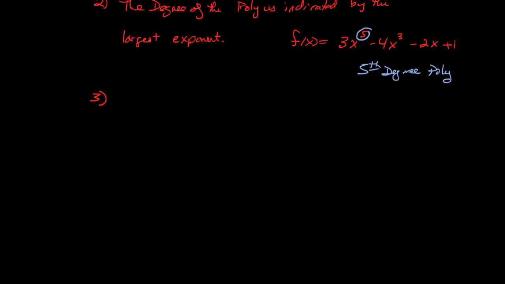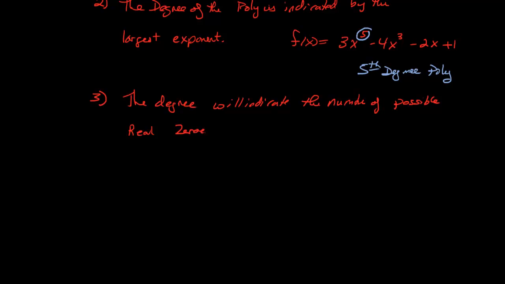We define the degree of the polynomial as the largest exponent value. Therefore, the degree will indicate the number of possible real zeros.